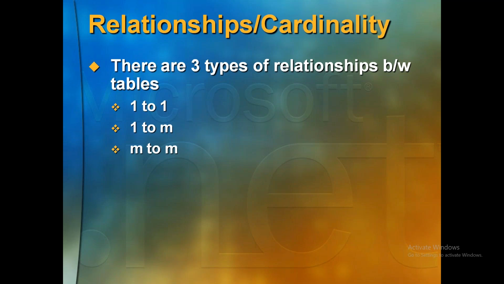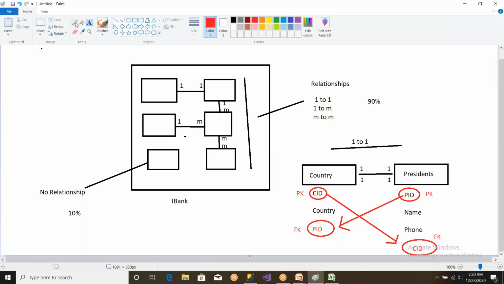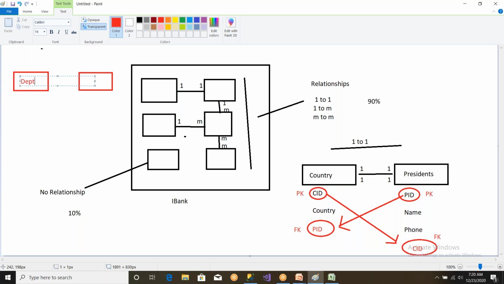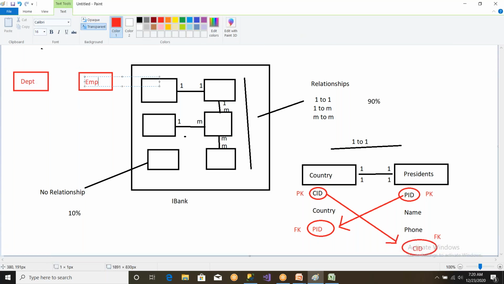When I take the one-to-many relationship, how is it going to work and what are the things we need to understand here? Let us take one example. I have a table called department table, and there is a table called employee table.